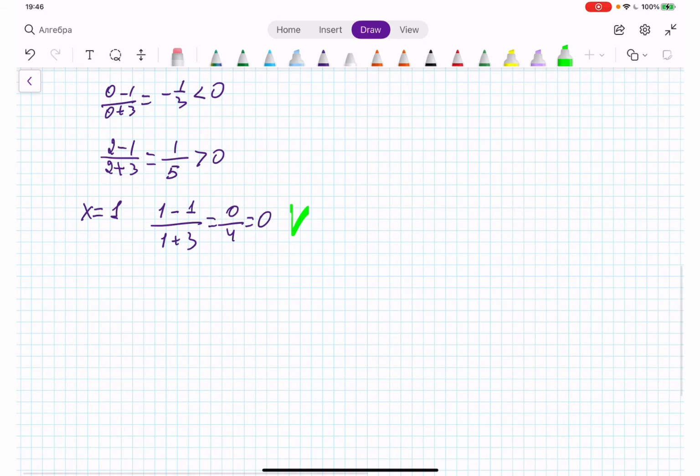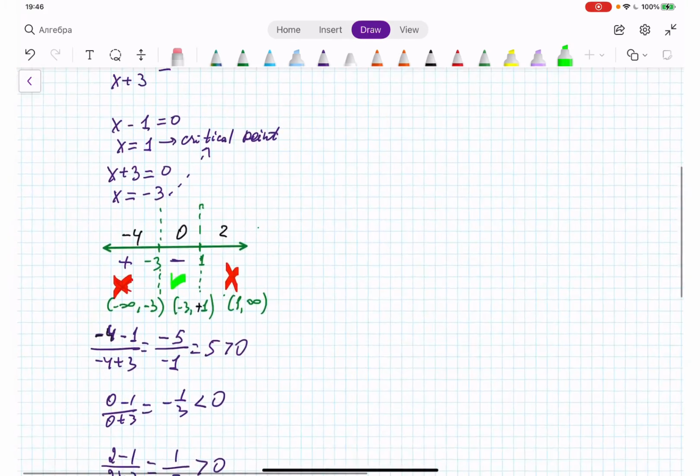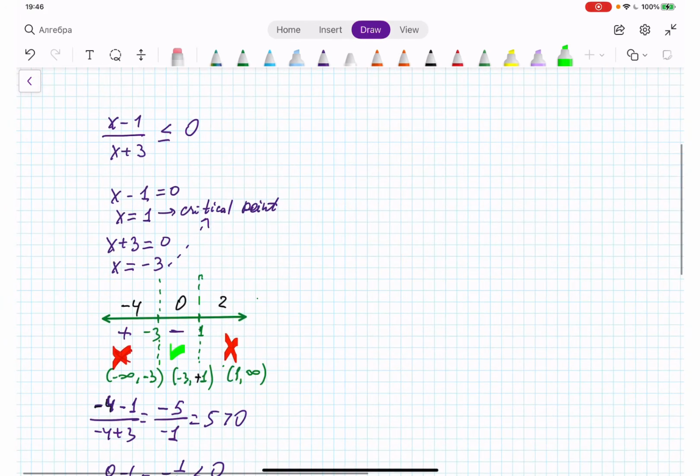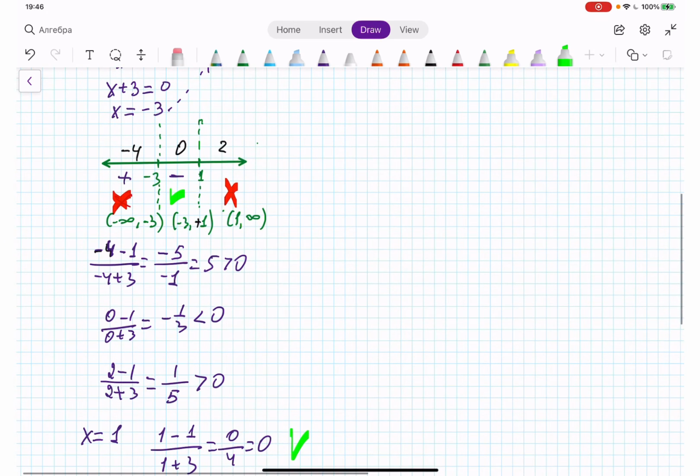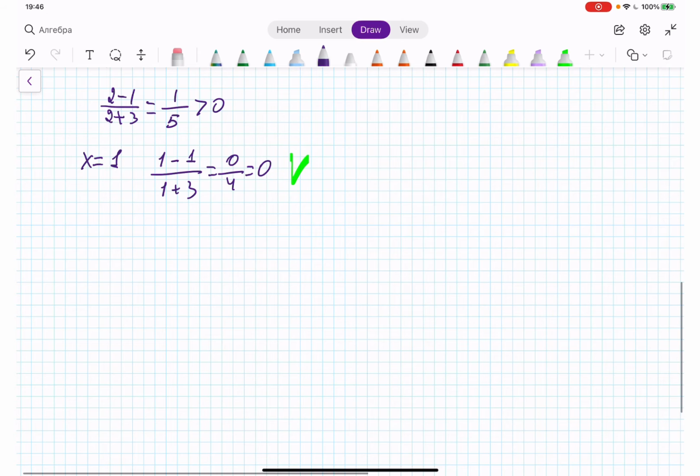And x equal to negative 3 cannot be satisfying because I'm getting negative 3 plus 3, so the denominator will be 0. x cannot be equal to negative 3 because of division by 0.